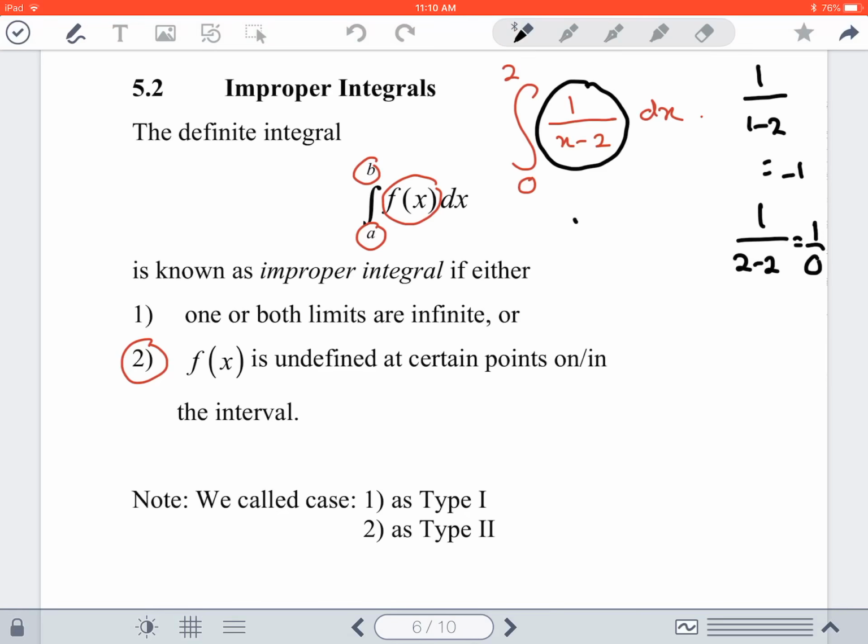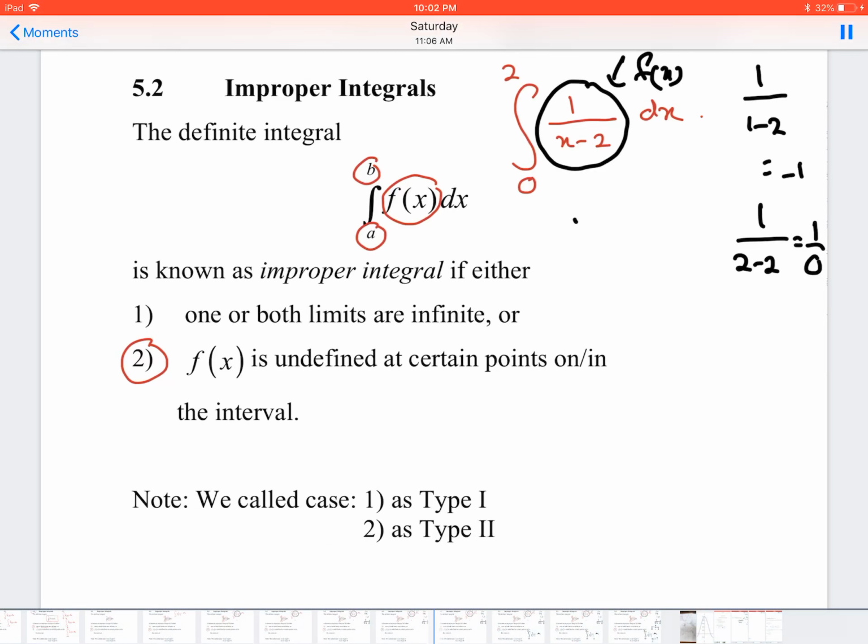So we can say that the function f of x is not continuous at x equal to 2. Continuous here means the value cannot be found. So that's why it becomes improper, something not proper. Because the problem is coming from the function itself, we call this type 2.